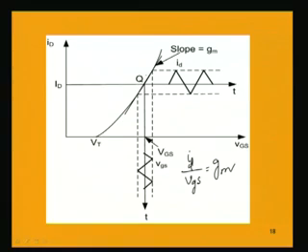So, the slope of this transfer characteristic at the Q point is given by the small difference in the drain current divided by the difference in this voltage, which is nothing but small id by small vgs. That will give the transconductance.